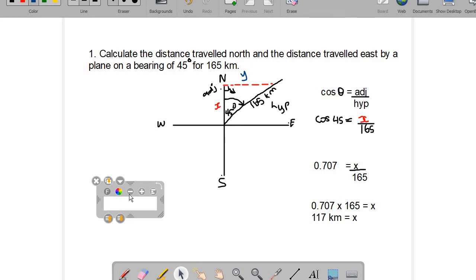So I'm going to go ahead and write down Pythagoras' theorem. And I'm going to call the shorter sides of our triangle A and B, and the hypotenuse, I'm going to call that C.